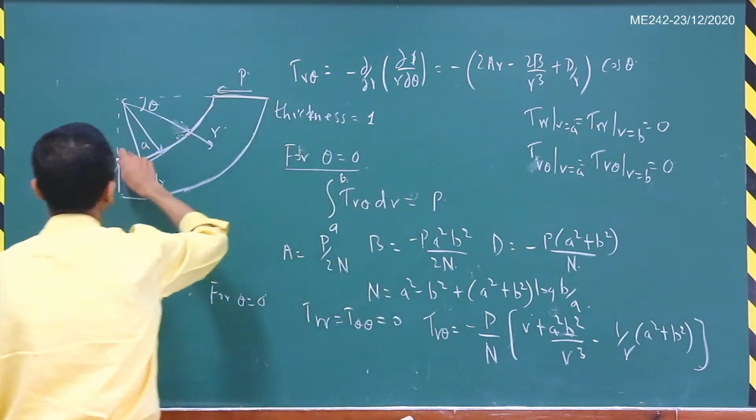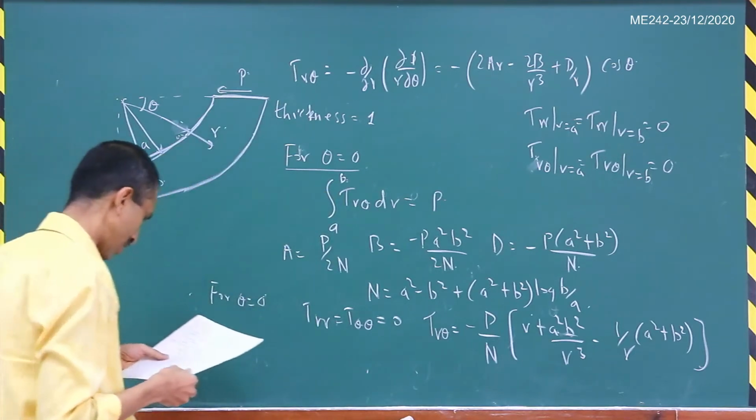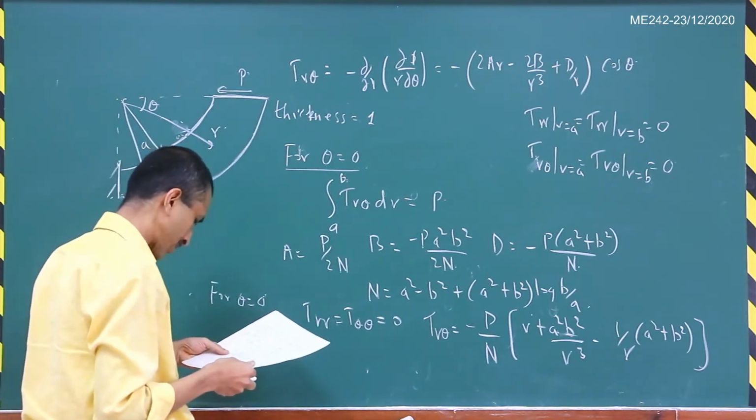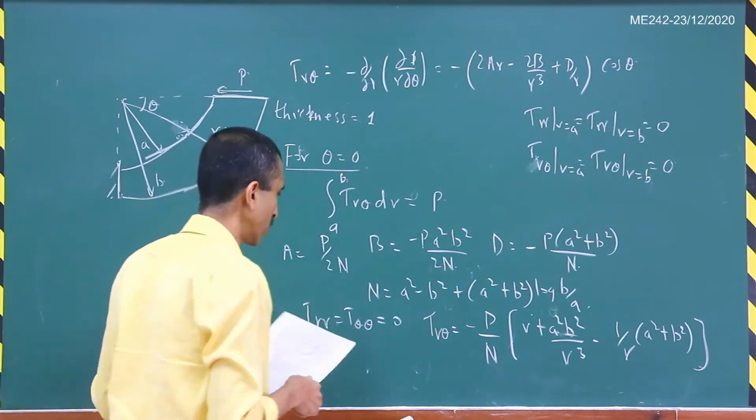And then for theta equal to pi by 2, also we can find out what the solution is. So let's look at that also.